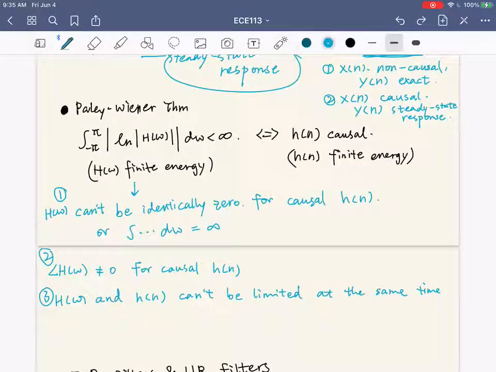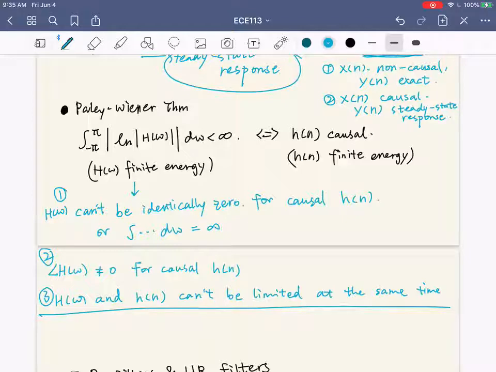So for the exam, it is more important to understand the conclusion. I believe the most straightforward and easiest to remember is the third one. Because of this theorem, your H of omega and h[n] cannot be time limited and frequency limited at the same time. If you are limited in one domain, you have to be limitless in the other domain.